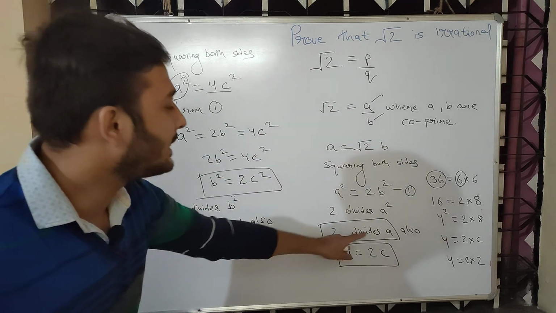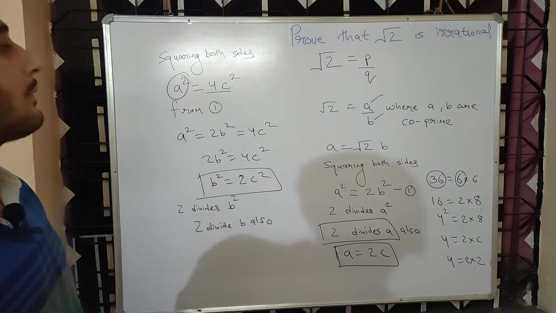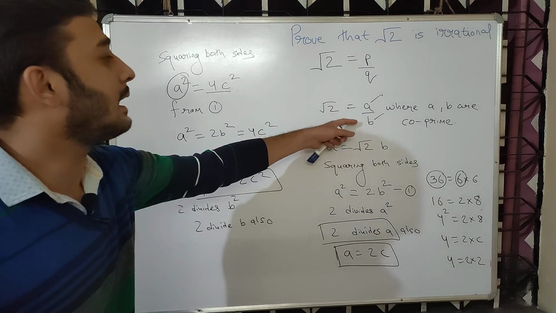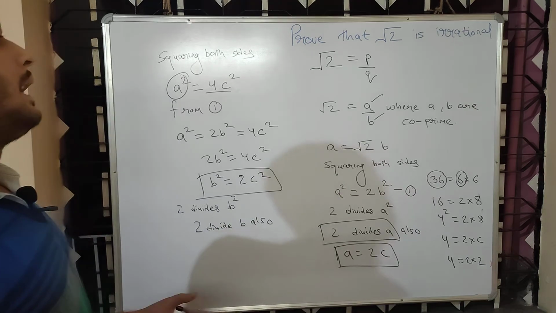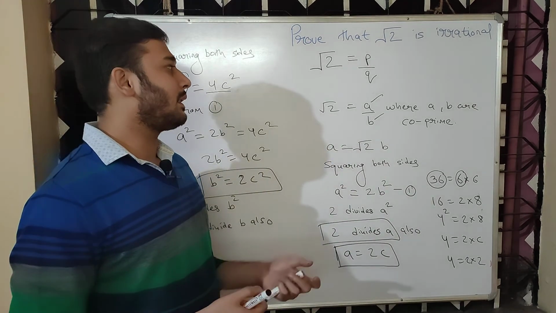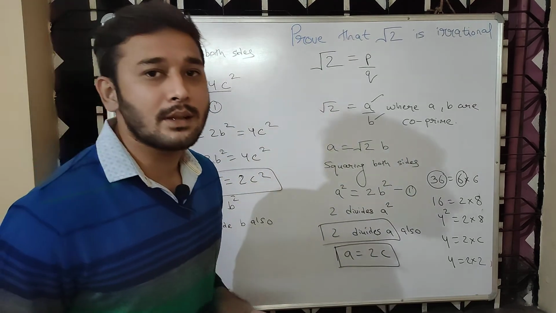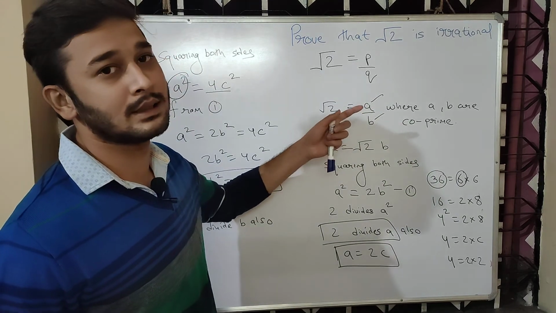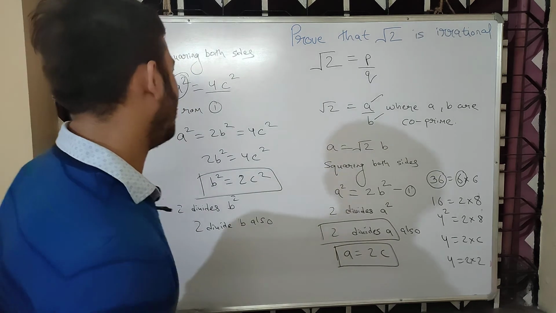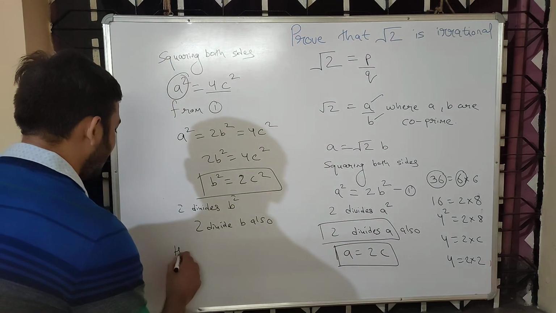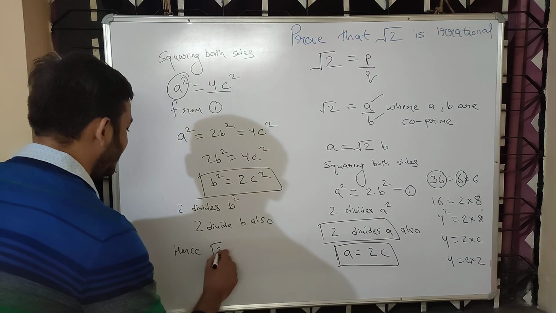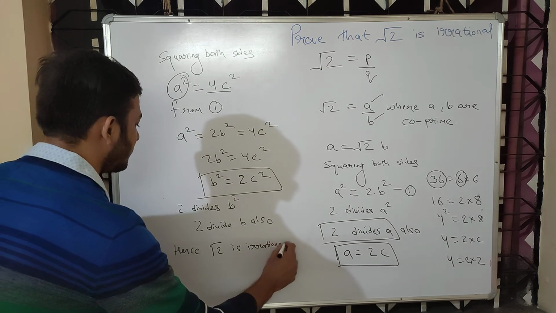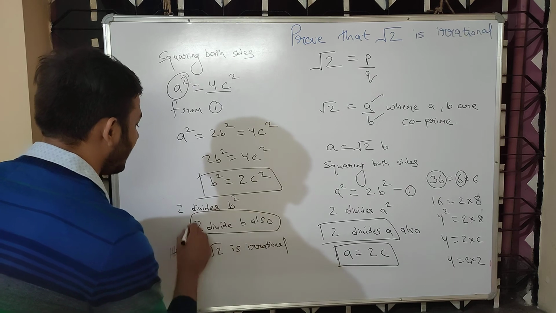But you see, 2 divides a and 2 divides b, so this contradicts the fact that a and b are co-prime. This contradiction took place because of the wrong assumption that root 2 is rational. So root 2 is not rational, it is irrational. Hence we can say root 2 is irrational because of this contradiction.